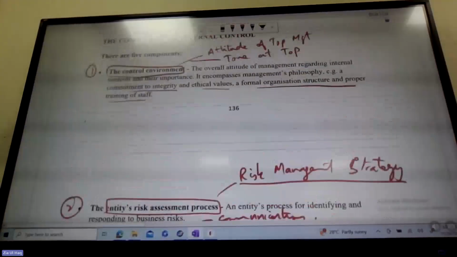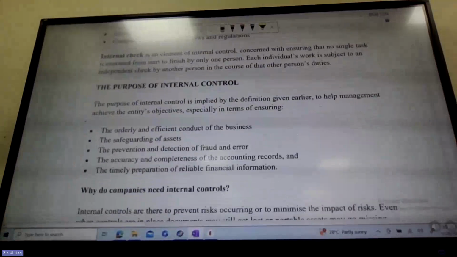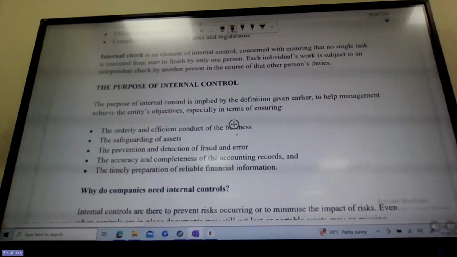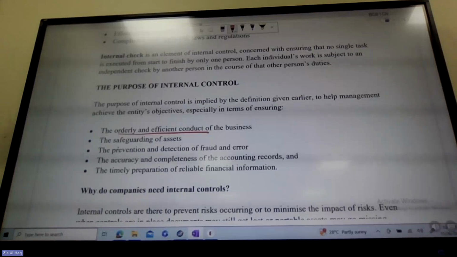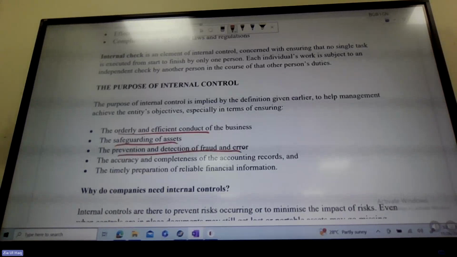Why should an organization have a control system? I mean, what is the purpose of an internal control system? Through a control system, you can run your business operations in an orderly and efficient manner, and you can achieve efficiency and effectiveness in business. Through a control system, especially physical control, you can safeguard your assets and high value inventory. You can prevent and detect fraud and errors in the financial statement, especially through reconciliation, the accuracy control.